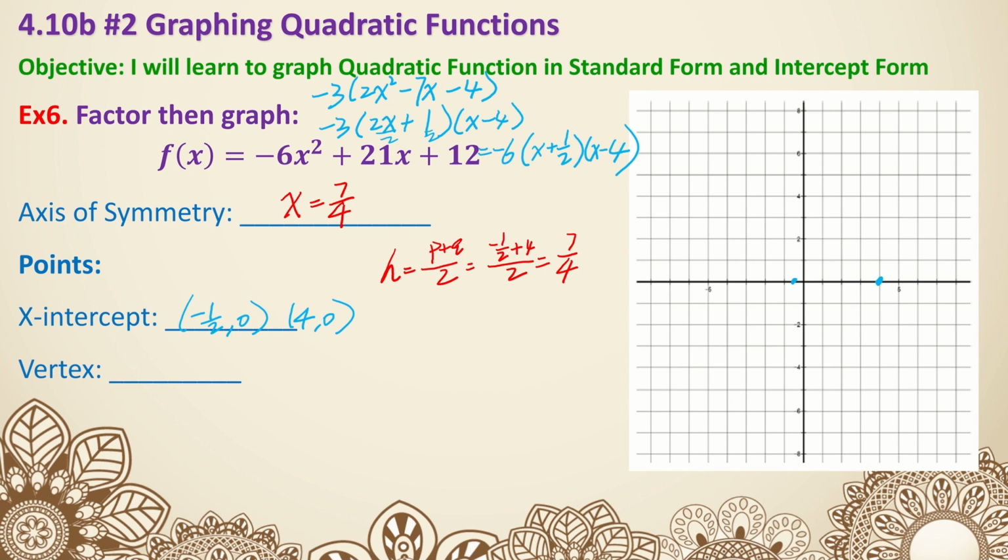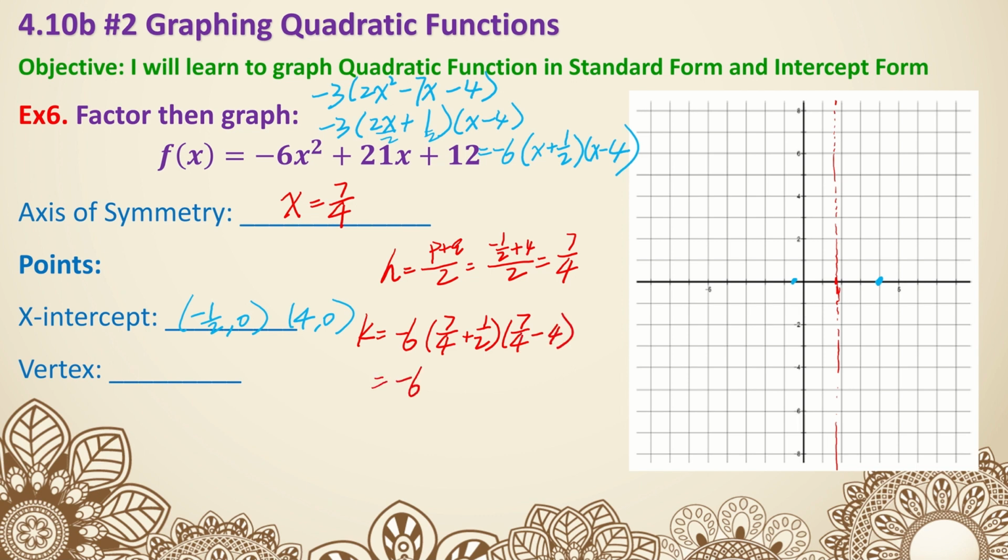7 fourths is very close to 2, but is a quarter into that. So there you go. That is our axis of symmetry. Now we're going to calculate our k. Negative 6 times 7 fourths plus 1 half times 7 fourths minus 4.